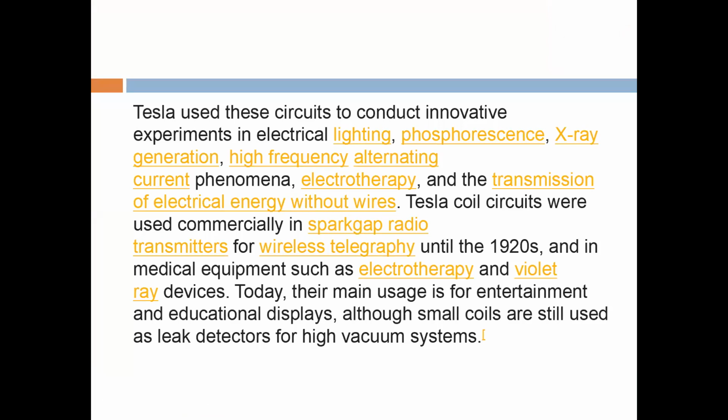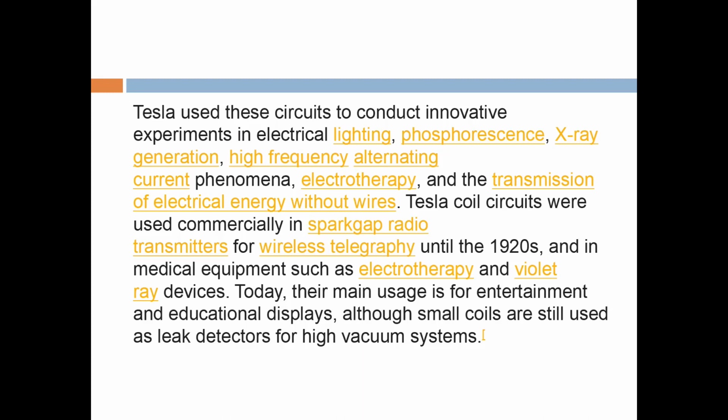Now, where is the use of these Tesla coils? Tesla coils are vastly used in different fields and are applicable to many of them. Tesla used this circuit to conduct innovative experiments in electrical lighting, phosphorescence, X-ray generation, high-frequency alternating current phenomena, electrotherapy, and the transmission of electrical energy without wires.